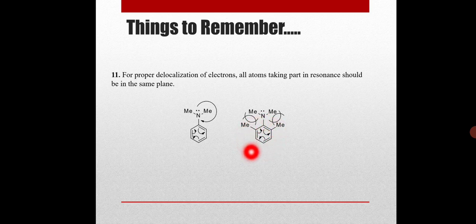So here, you can see the arrows, the resonance is only between the pi electrons of the benzene ring, whereas here the resonance was between the lone pair on the nitrogen and the pi electrons of the benzene ring.